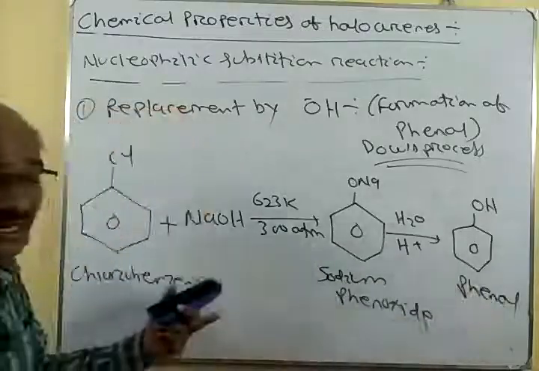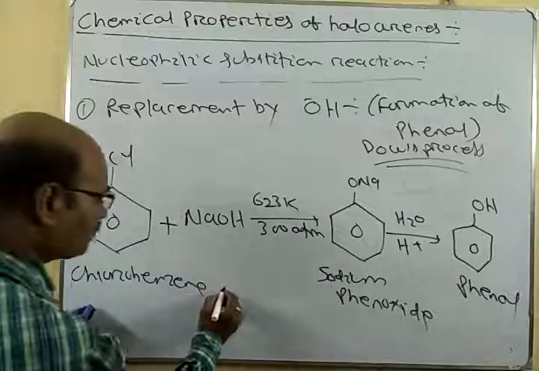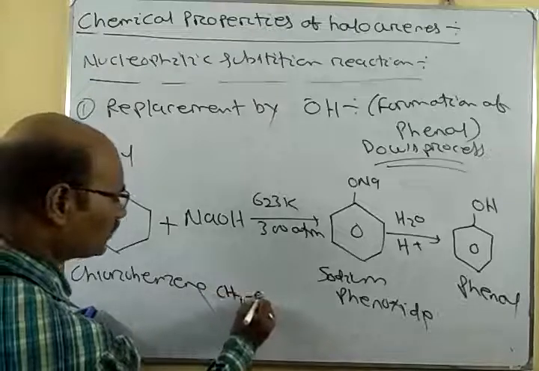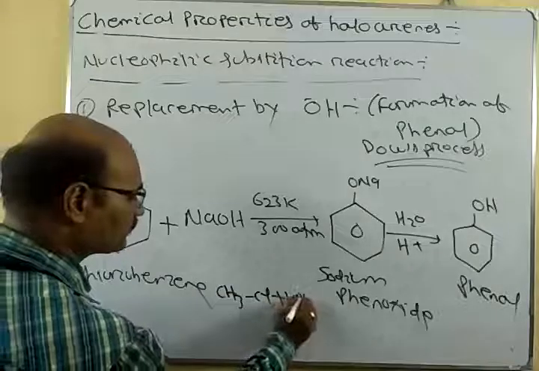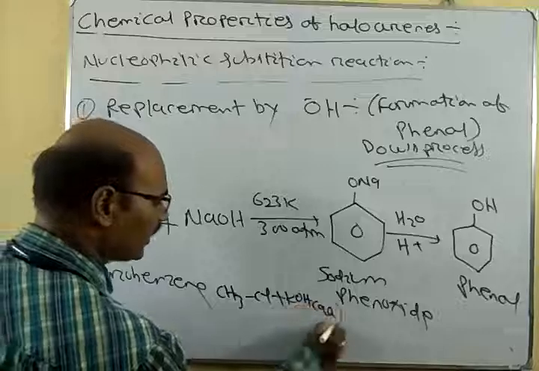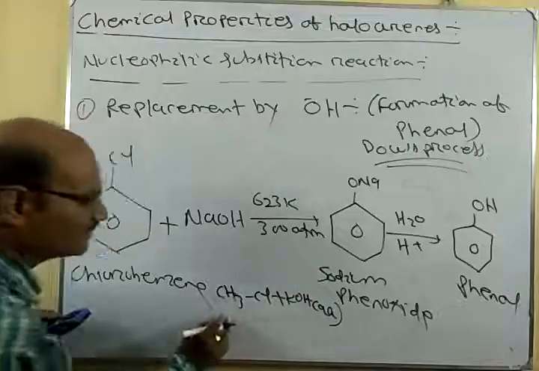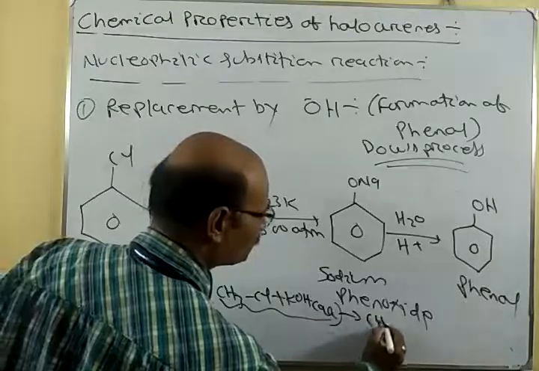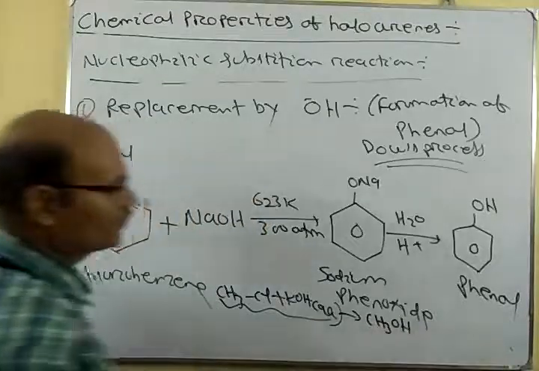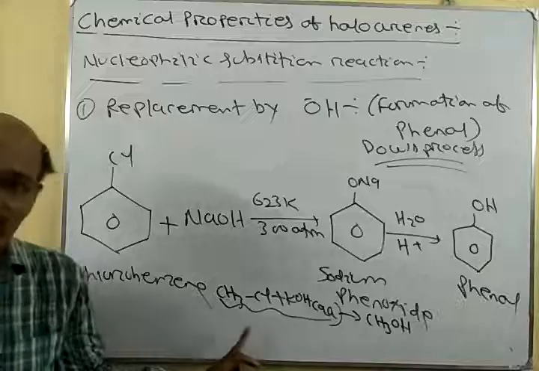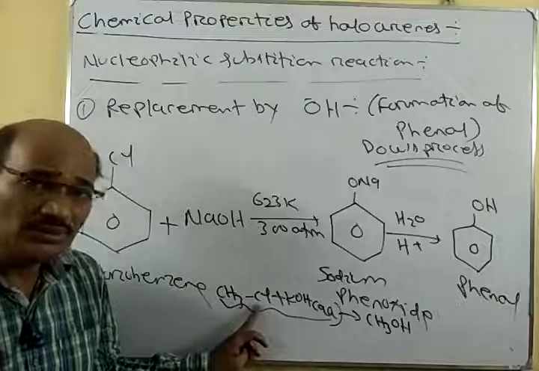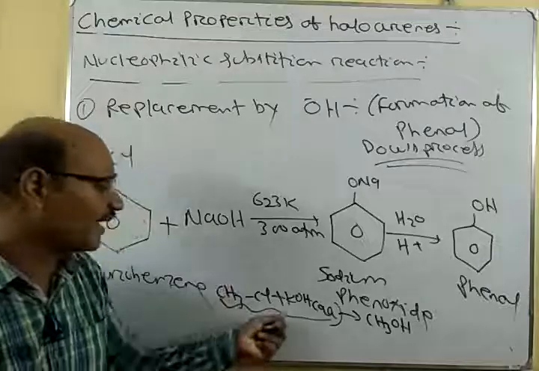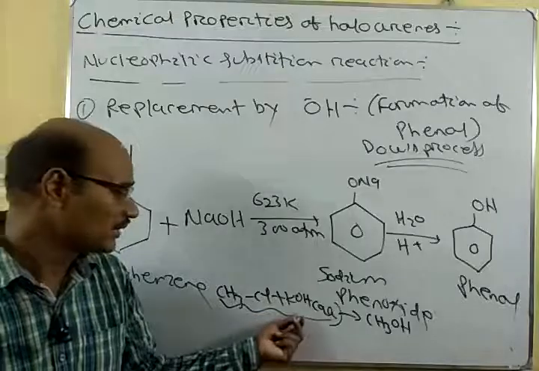But on the contrary, if I take CH3Cl plus aqueous KOH, I will get CH3OH. So in haloalkane, the chlorine atom is simply replaced by OH minus ion with aqueous KOH.